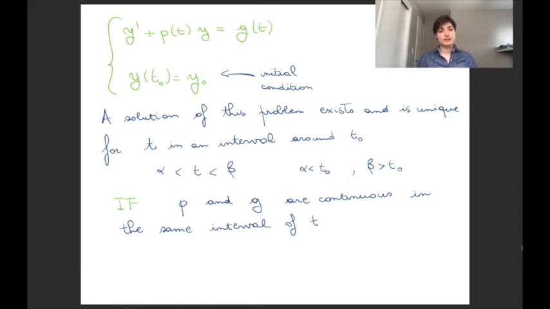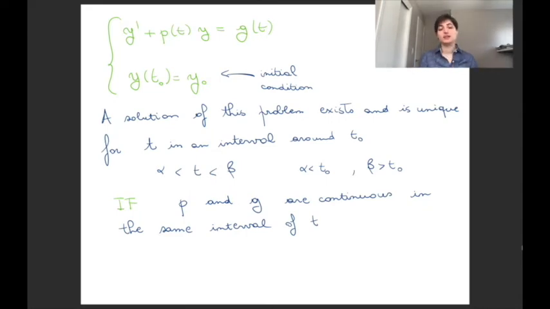The theorem states that a solution of this problem exists and is unique for t in an interval around t0, so from t going from alpha to beta, where alpha is smaller than t0 and beta is bigger than t0.